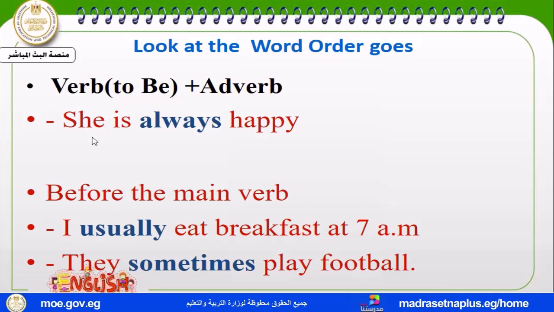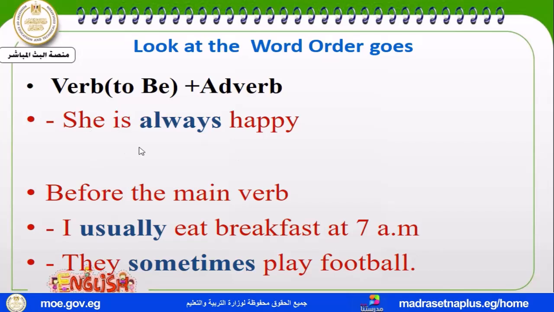We say that she is always happy. She is sometimes late for school. She is never late for school. He is often ready, and so on. So with the verb to be, the adverb of frequency comes after it, follows it.